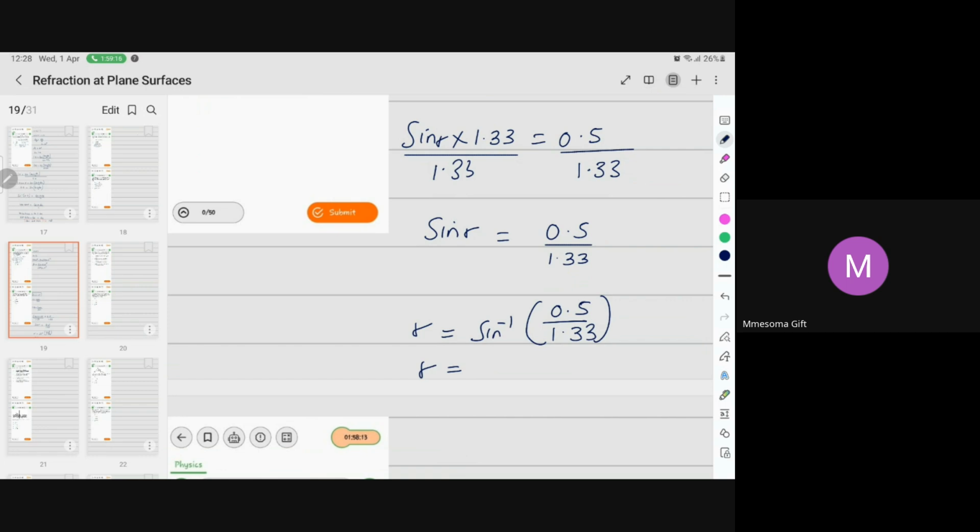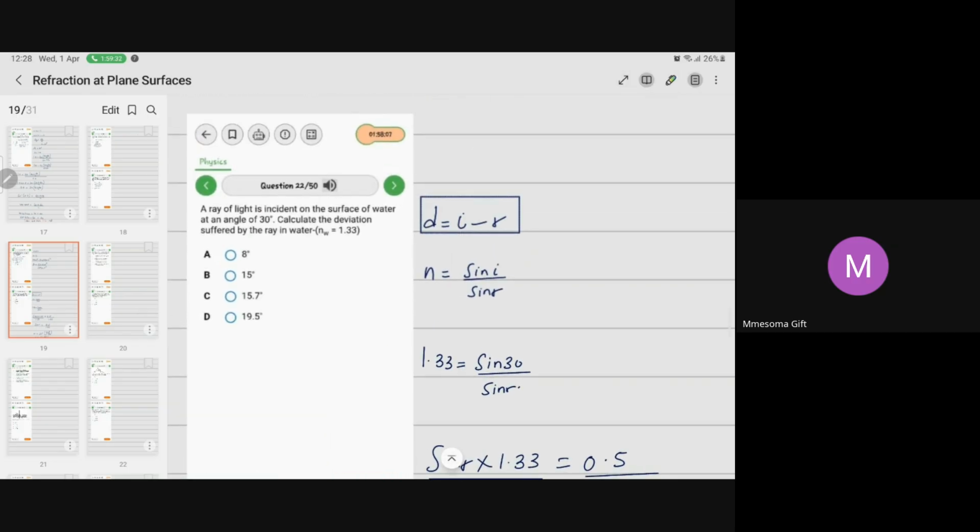Shift sine, 0.5 all over 1.33. That will give us 22.082 degrees, right? So now with that, I can estimate that D is equal to 30 degrees minus 22.082.